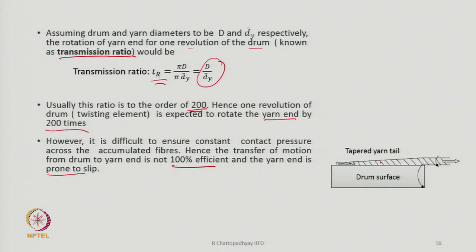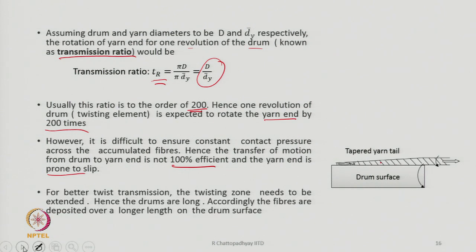Now, there are many reasons why it loses contact, and therefore, the transmission of motion from drum to yarn tail is a friction drive. The drum is rotating at its own constant speed, and the tail is resting on it. So, the tail is actually friction driven, and there is a chance of slippage due to many reasons.